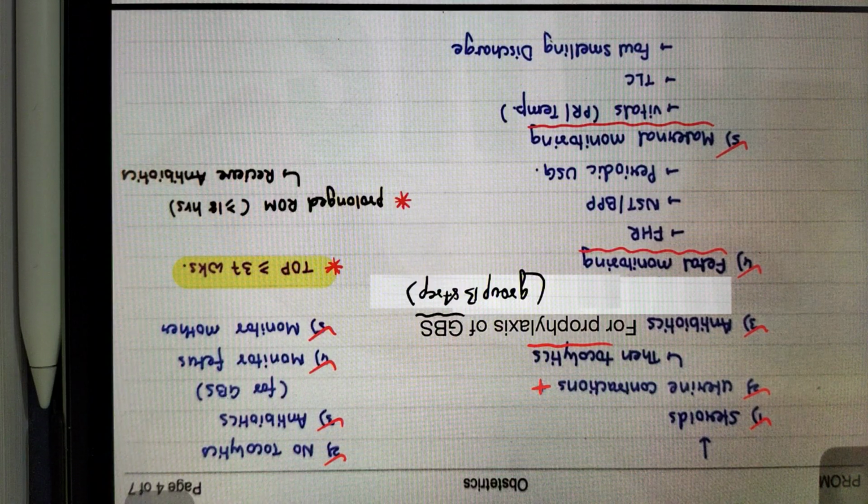Antibiotics are given for prophylaxis of group B strep. Fetal monitoring is done by fetal heart rate auscultation, non-stress test or biophysical profile, and periodic ultrasound. Maternal monitoring is done by vitals, pulse rate or temperature monitoring, TLC counts, and check for any foul smelling discharge.